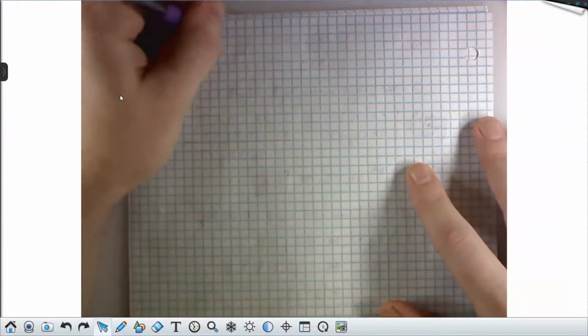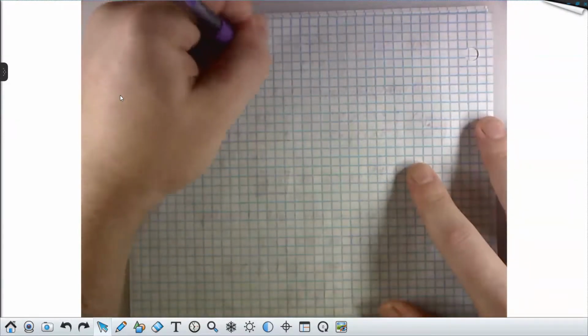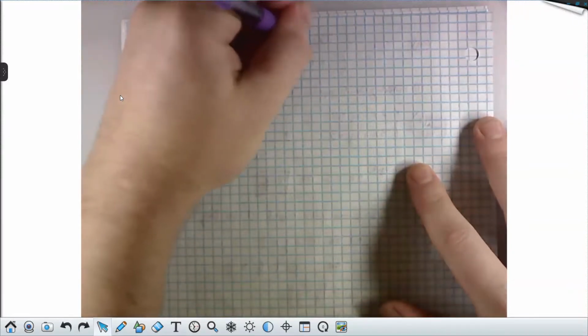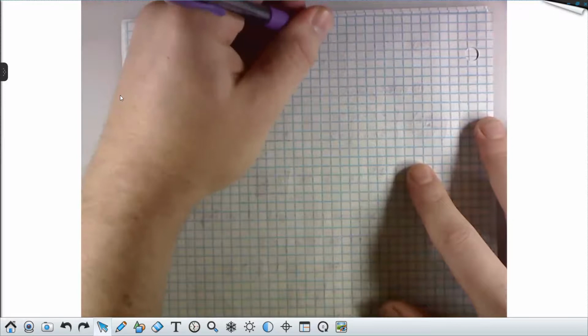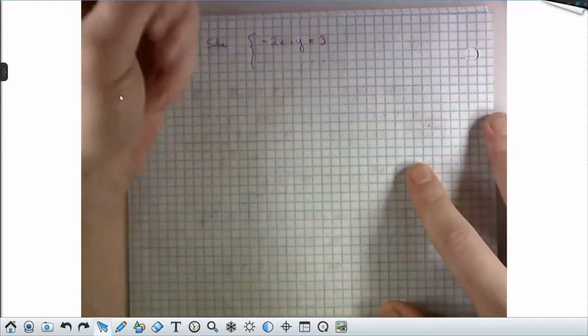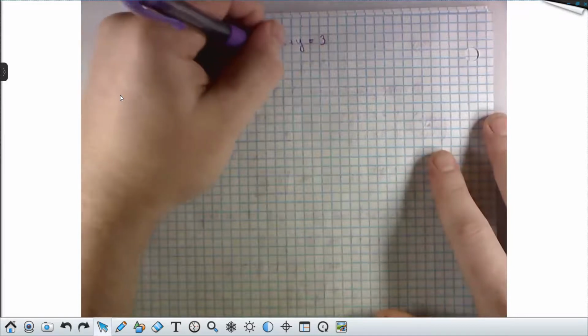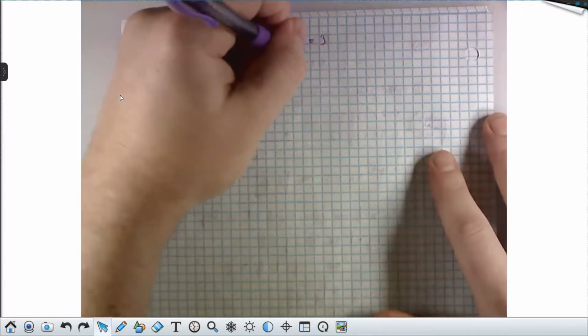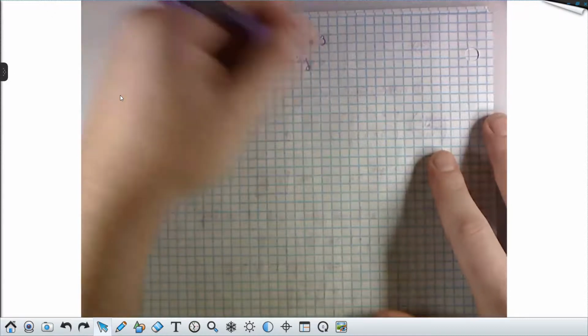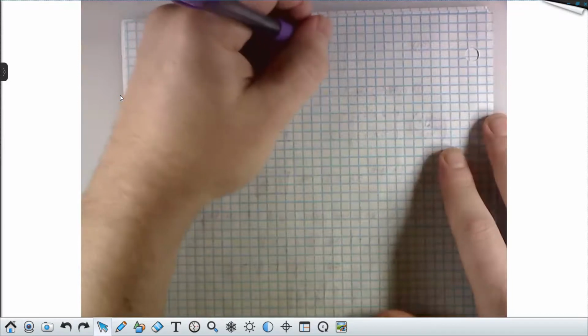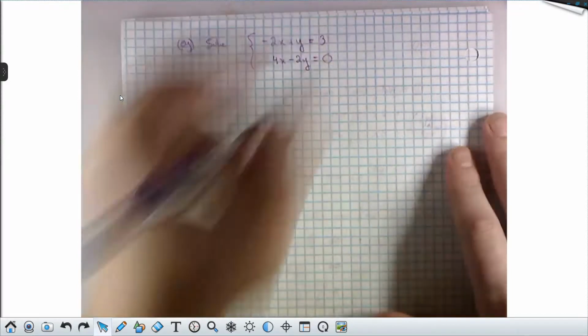Let's try to solve negative 2x plus y equals 3, and how about 4x minus 2y equals 0, by elimination.